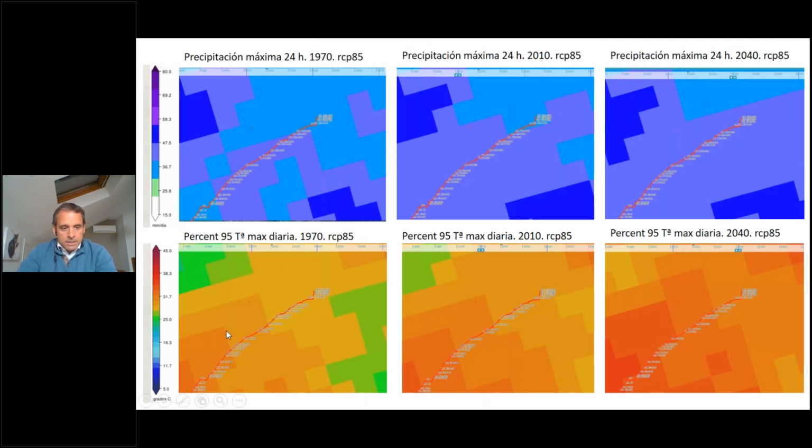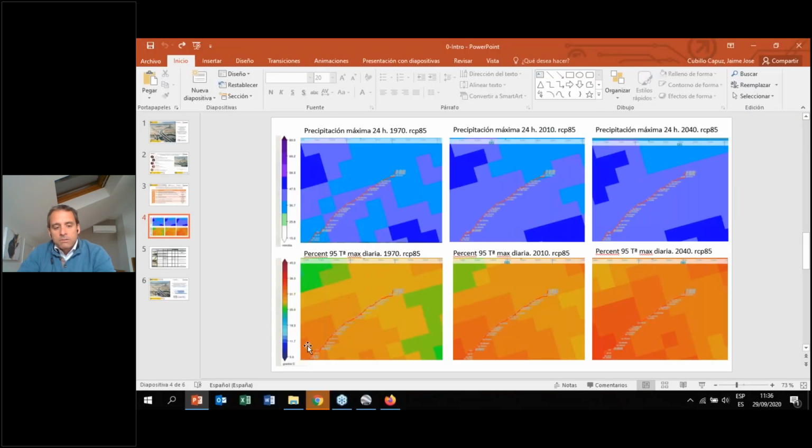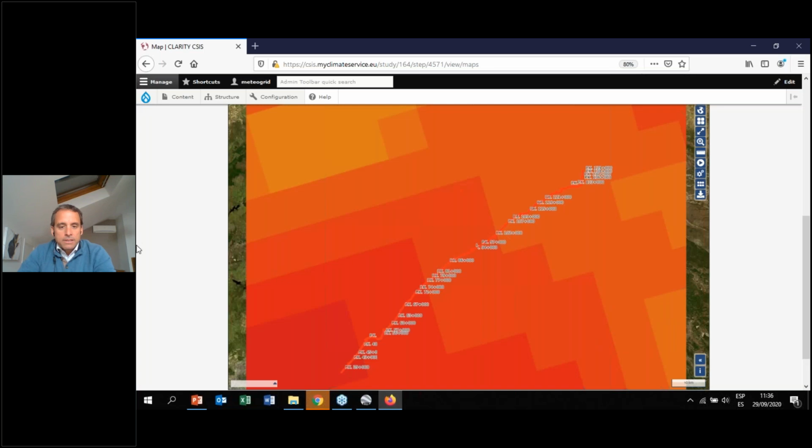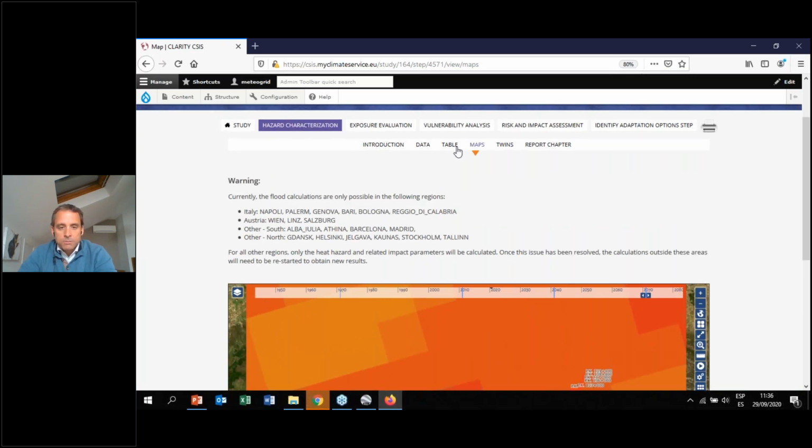So this is the daily maximum temperature for 1970, 2010, and 2040 for the RCP 8.5. So we can have an overview along a rather quite large track, let's say, and we can think about how this may affect the infrastructure or not in the case of the temperature, okay? So this is very good, it's very visual, but we can also have the same data for each specific point.